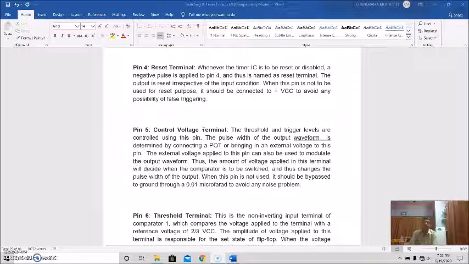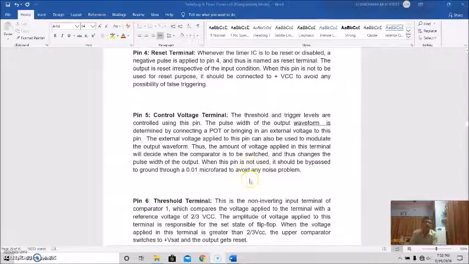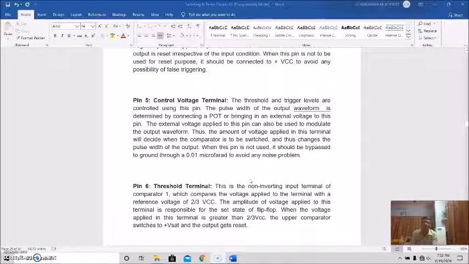Then the control voltage terminal. This is pin 5. The threshold and trigger levels are controlled using this pin, and the pulse width of the output waveform is determined by connecting a pot or bringing in an external voltage to this pin.